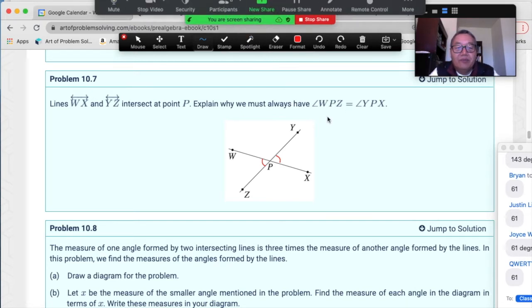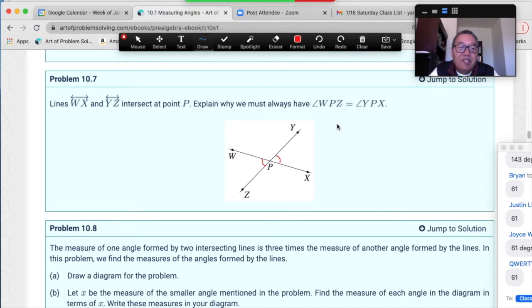So let me show you how to do this. Okay, you know, here WPX is a straight line, right? This one is a straight line, right?